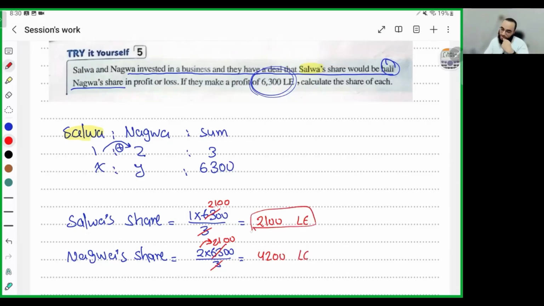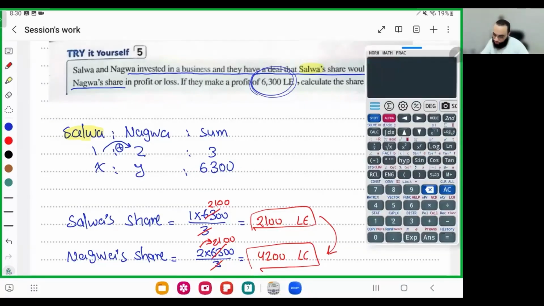If you add these two numbers together, what should be the answer? 6,300. If we add these two values together, the answer should be 6,300.